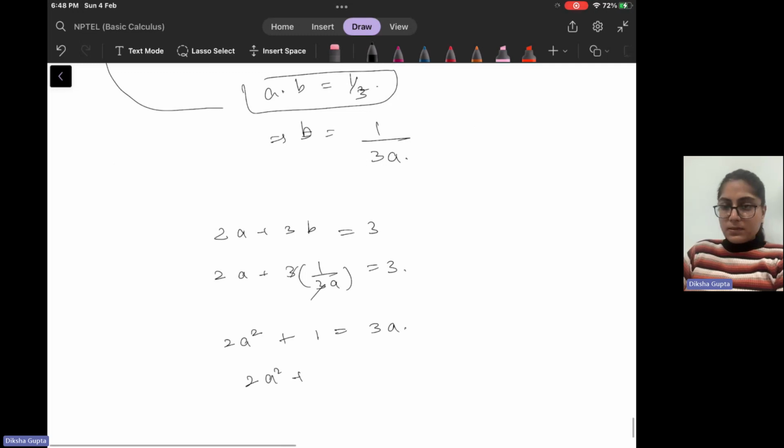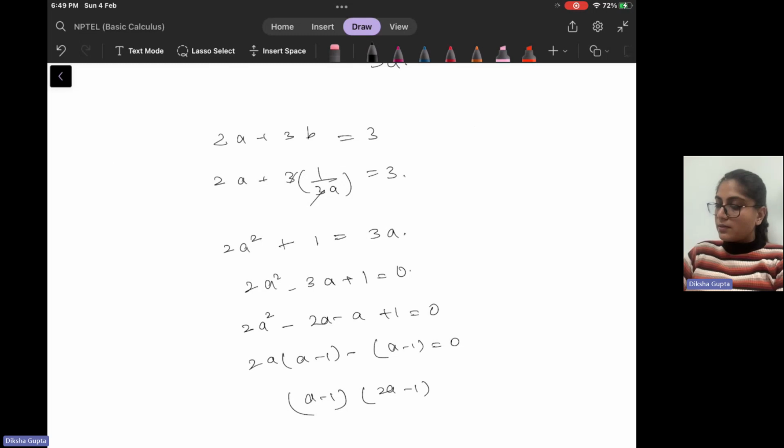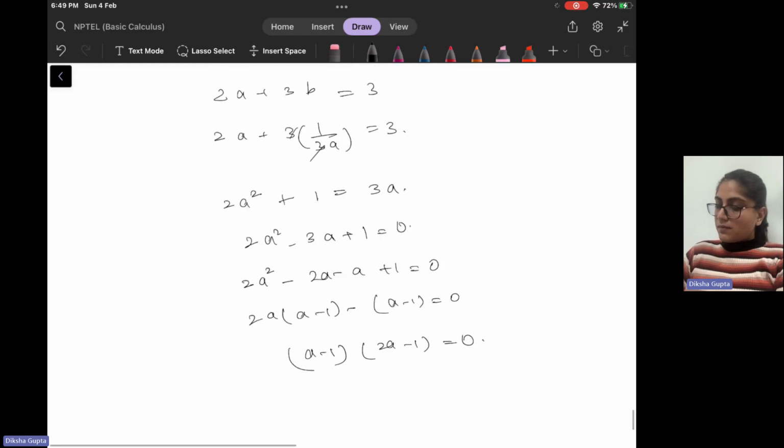So 2a square minus 3a plus 1 equals 0. So we have 2a square minus 2a minus a plus 1 equals 0. 2a common, a minus 1, minus a minus 1 equals 0. So you have a minus 1, 2a minus 1 equals 0. So you have a equals 1 or 1 by 2.